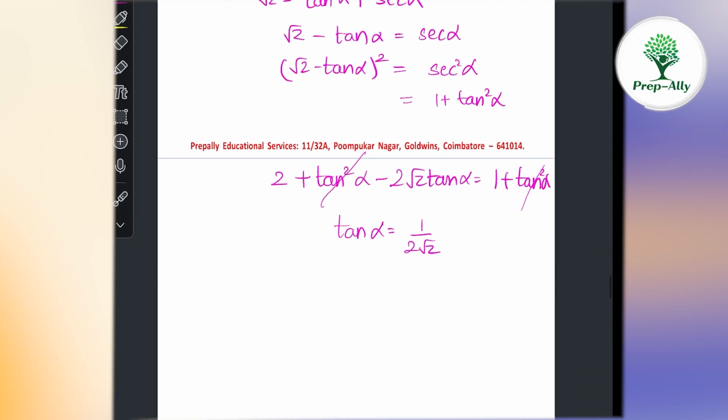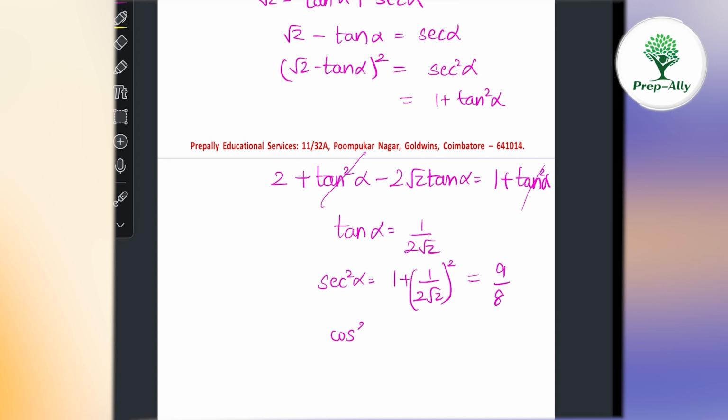And from this we have secant square alpha equals 1 plus 1 by 2 root 2 the whole squared, which equals 9 by 8.